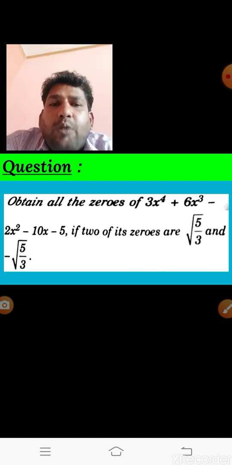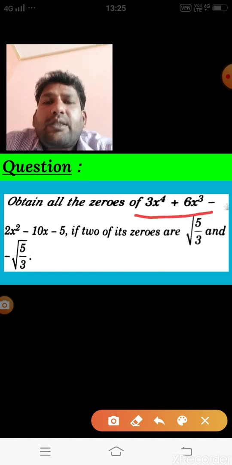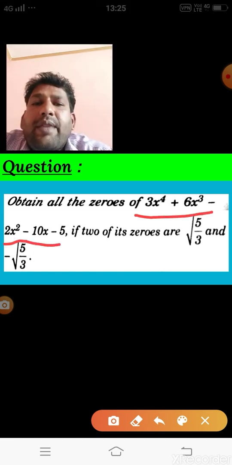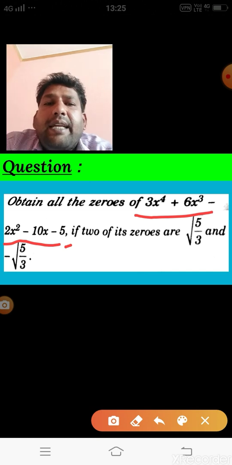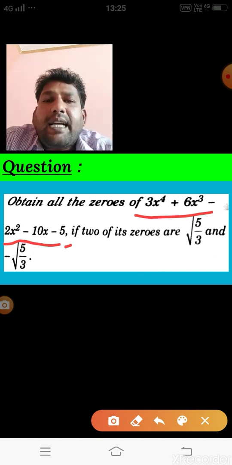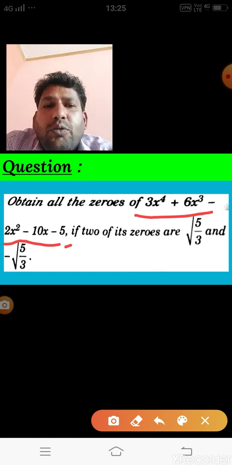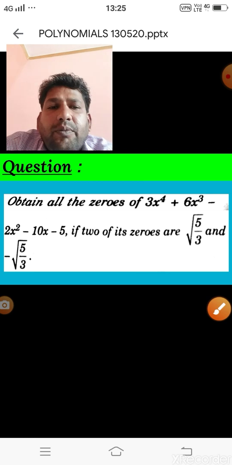In this polynomial, I am taking the polynomial as 3x raised to power 4 plus 6x cube minus 2x square minus 10x minus 5, and here we observe the degree is 4. It means that this should have 4 zeros. And in this question, 2 of its zeros are given.